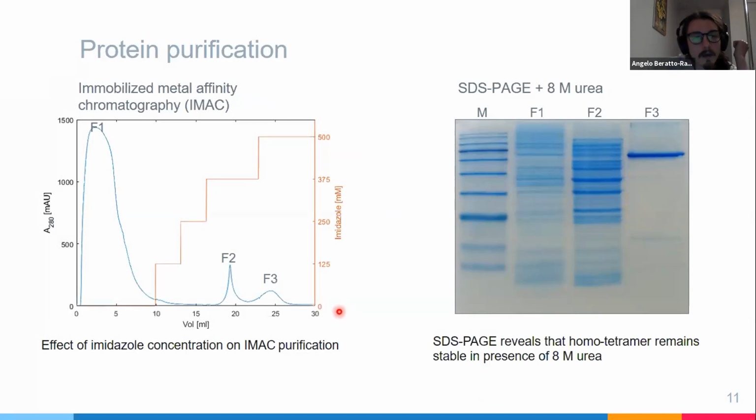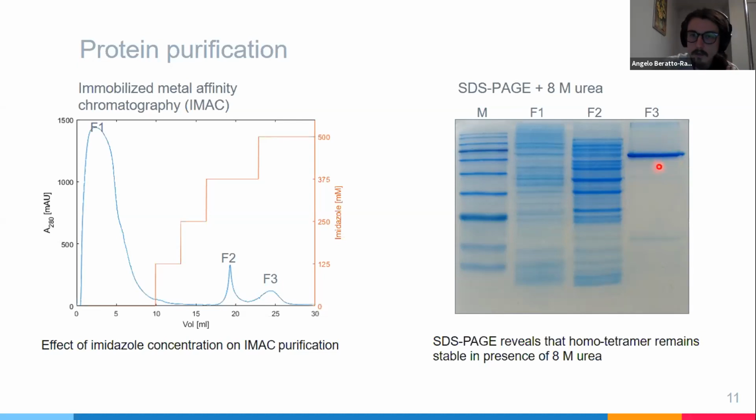Now, for this IMAC chromatograph, we can see the importance of modulating the imidazole gradient because it allowed us to separate the non-specific constituents from the purified aquaporin. This is important because sometimes the simple wash or the batch mode is not enough to remove all the non-specific constituents. As we can see here, the protein is relatively pure in a homotetrameric form.